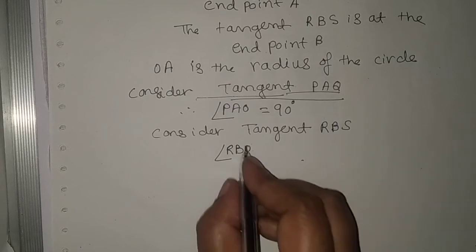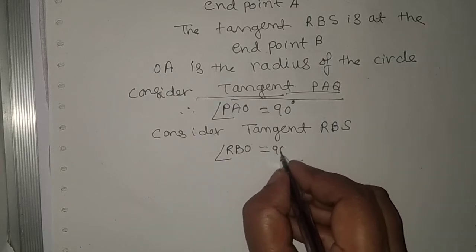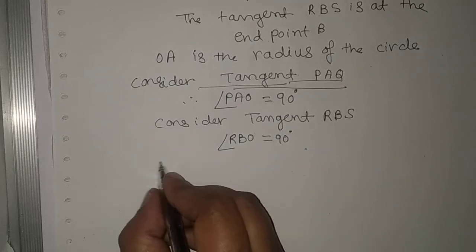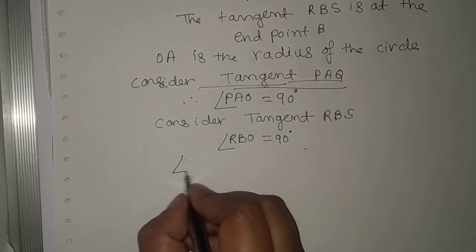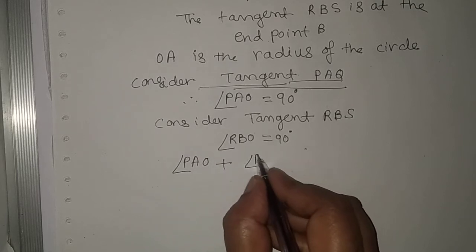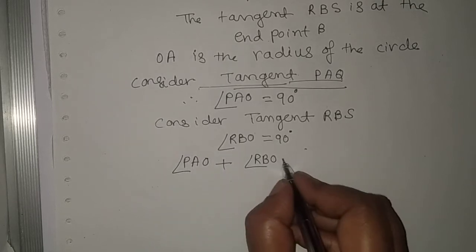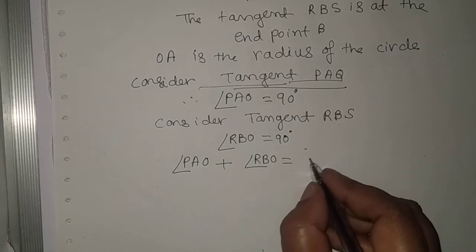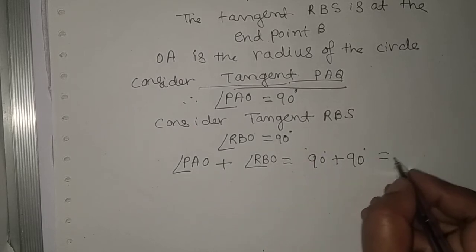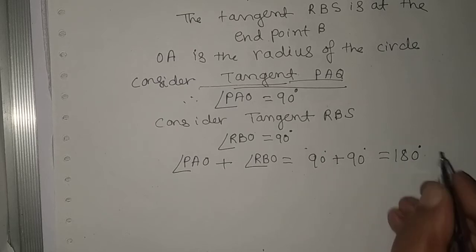We can take it as 90 degrees. So now add both the angles. So now PAO plus RBO is equal to 90 degrees plus 90 degrees, which is equal to 180 degrees.